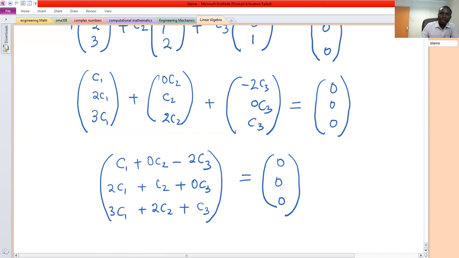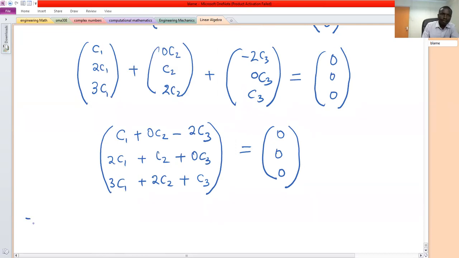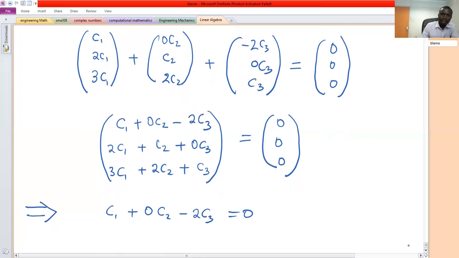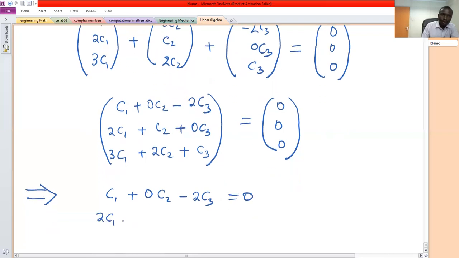So from that, this implies C1 plus 0C2 minus 2C3 equals 0, and then 2C1 plus C2 plus 0C3 equals 0, and 3C1 plus 2C2 plus C3 equals 0.